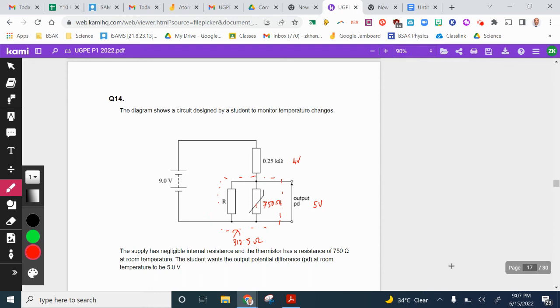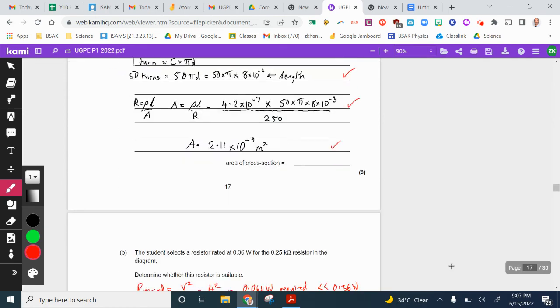So the first step, find the current here. Second step, find the current here using resistance equals voltage over current, and then use the current here, take away the current here, will give you the current here, because these two currents add up to this one here. And then use R equals V over I, we'll know the current and the voltage, and therefore we can find the resistance. So some students use that technique, and that's more than good enough to get to the answer as well.